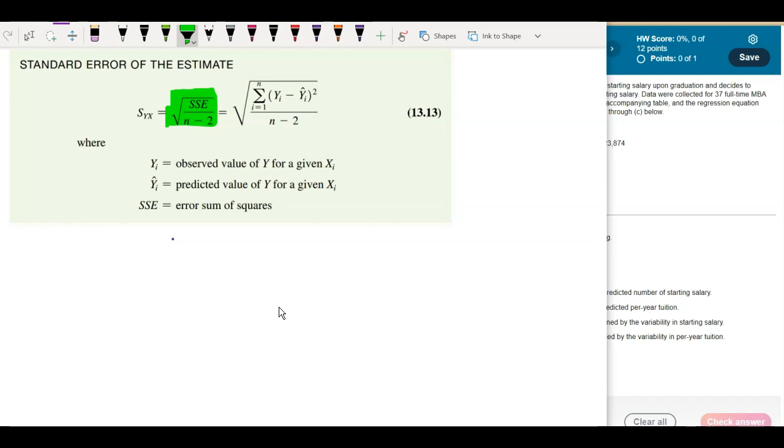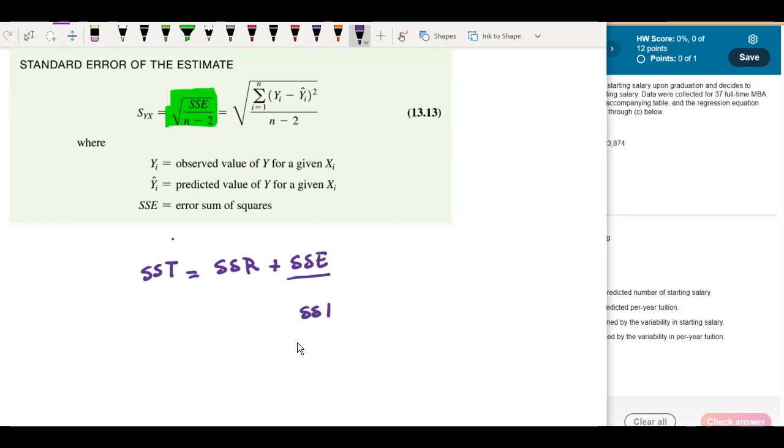So we don't want to do the calculation again for the SSE with Excel. What will be easier, since we have the SS total, it's going to be the SSR plus the SS error, all right? We can determine this by doing some algebra.